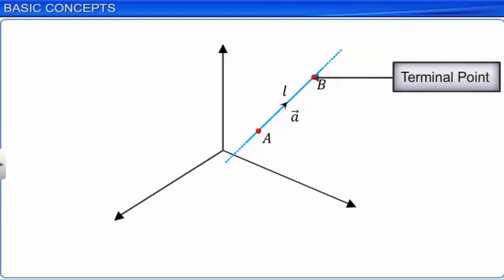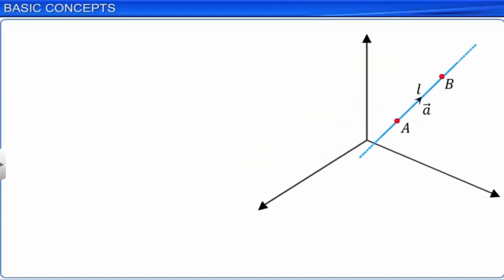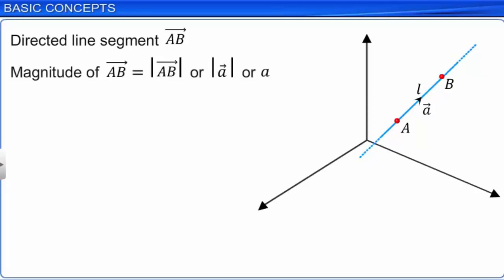The arrow placed above vector AB always points from the initial point to the terminal point of the vector. The magnitude of vector AB is represented as shown. The magnitude of vector AB is equal to the length of line segment AB. If the direction of the directed line is reversed, we get vector BA.